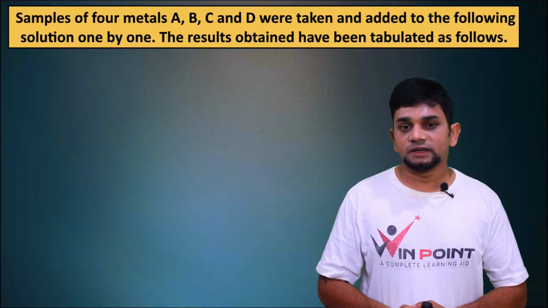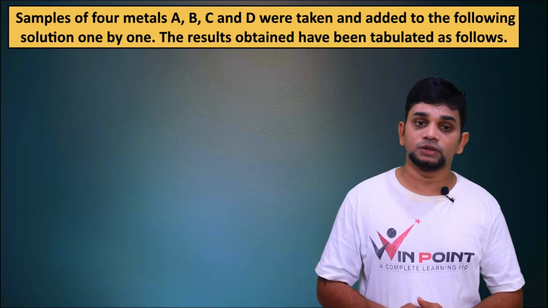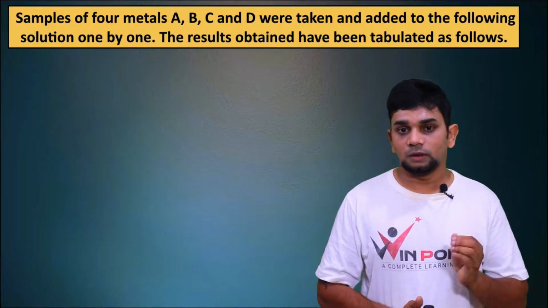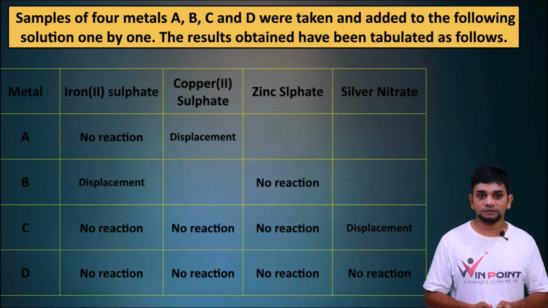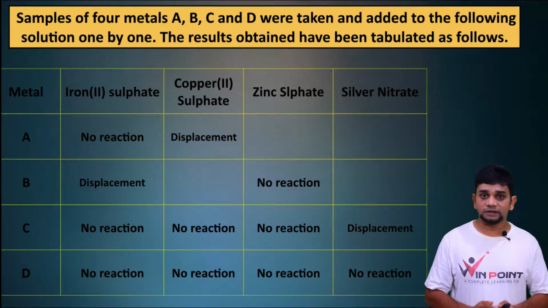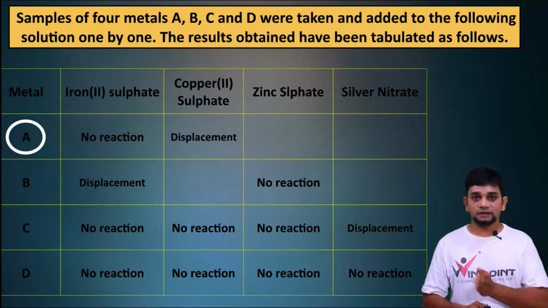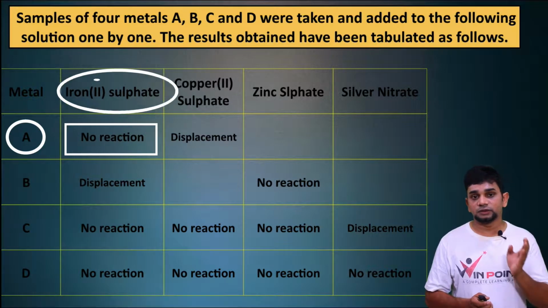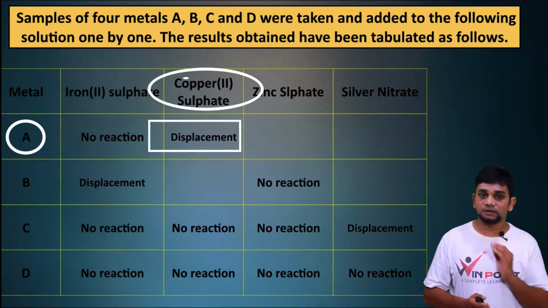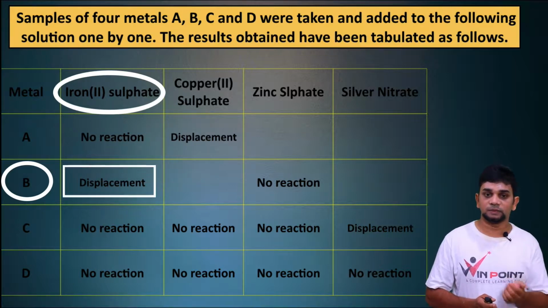Samples of 4 metals A, B, C and D were taken and added to the following solutions one by one. The results obtained have been tabulated as follows. So there is a table here. In this table there are 4 metals A, B, C, D. When A is added to iron sulphate, there is no reaction. When A is added to copper sulphate, there is a displacement reaction. When we add B to iron sulphate, there is a displacement reaction.